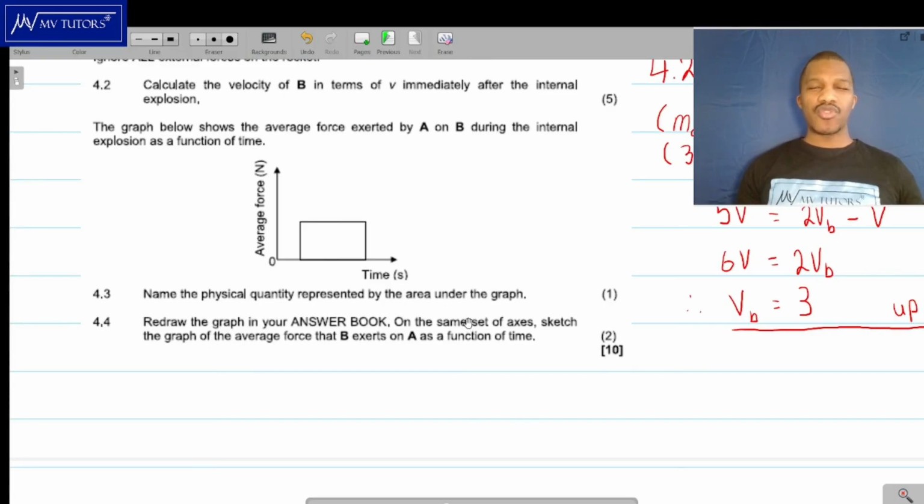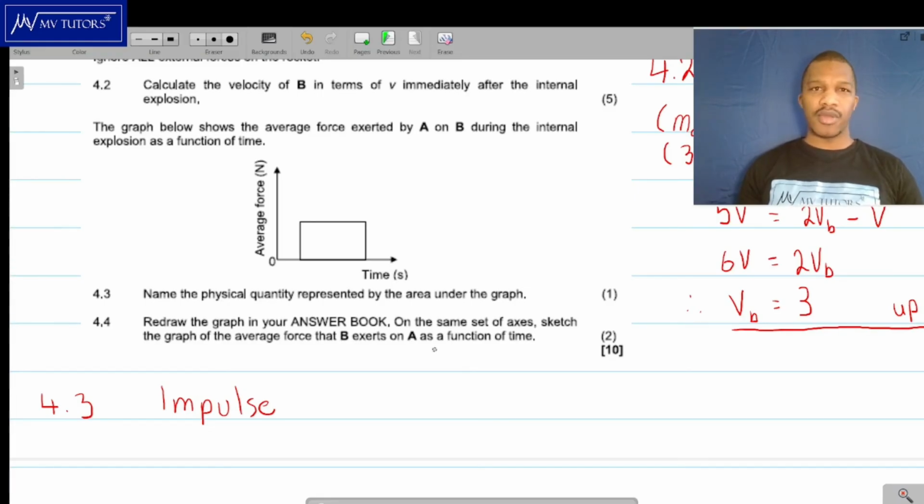Now this requires you to know some few theories. Okay, you will know that the area under the first graph is actually what we call impulse. Ladies and gentlemen, we're still on that trajectory of momentum.